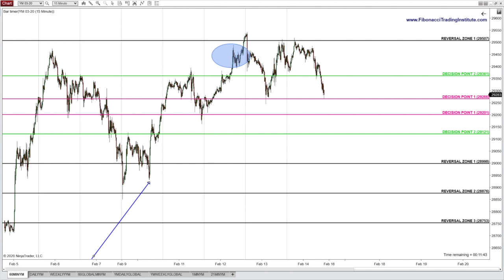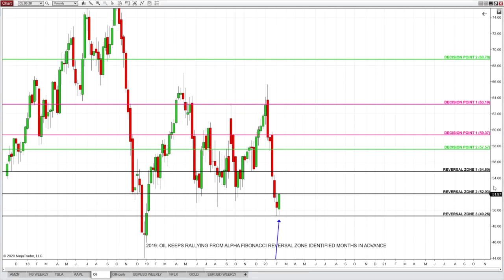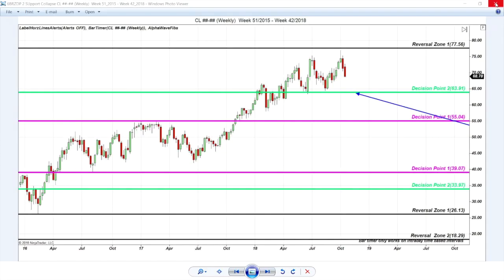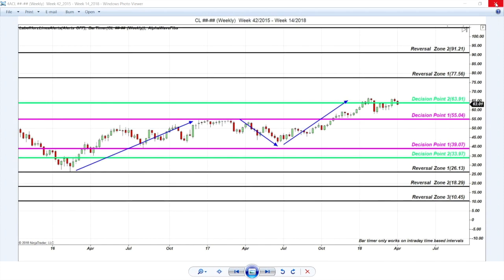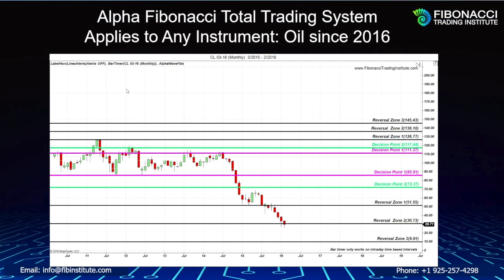Collapsing as expected, skyrocketing as expected. So if you know your trading range, you can trade anything: S&P, Dow, oil, Amazon. Choice is yours. And that's the power of the Alpha Fibonacci system with the first most important step.